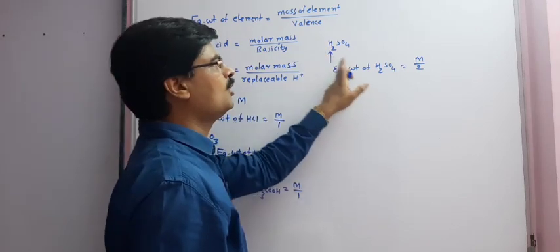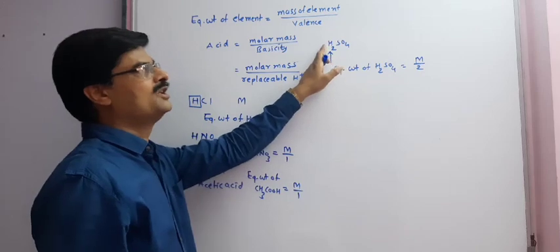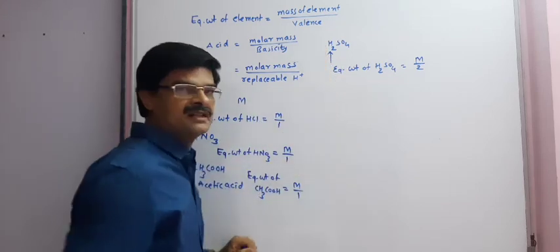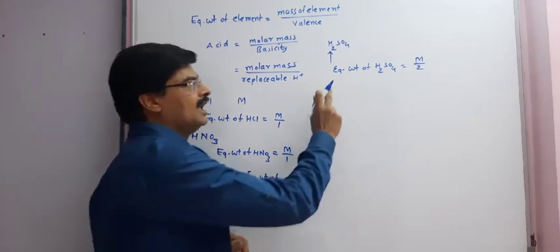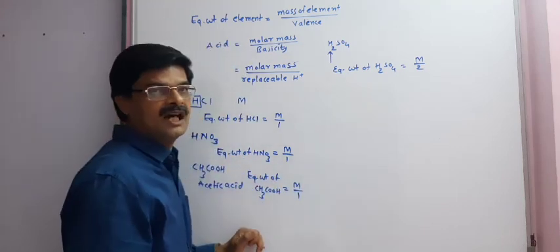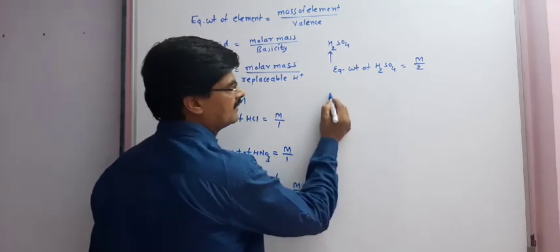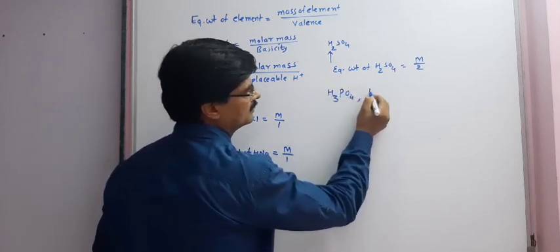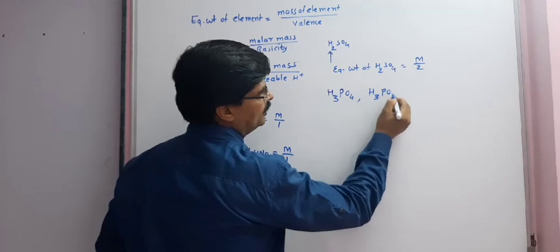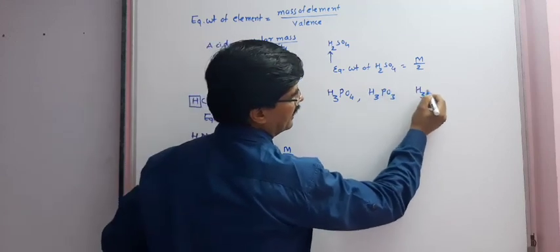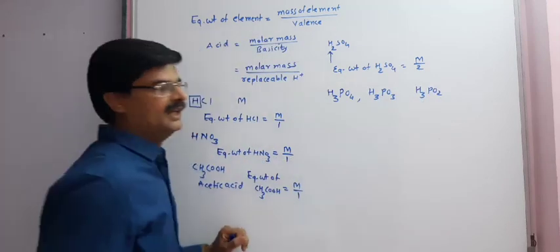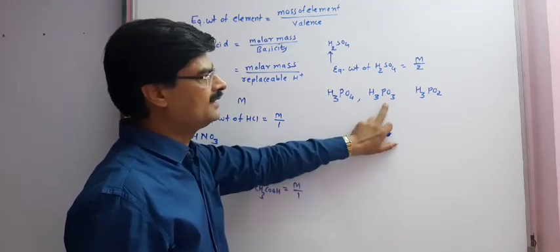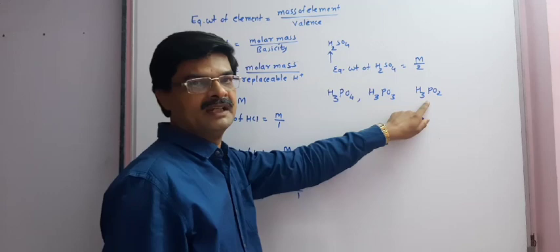But it is not always the case that we count all hydrogens as replaceable. We have to check the structures also. From this next case we can understand how replaceable hydrogens are calculated. Let's take the example of H3PO4, H3PO3 and H3PO2: phosphoric acid, phosphorus acid and phosphinic acid.